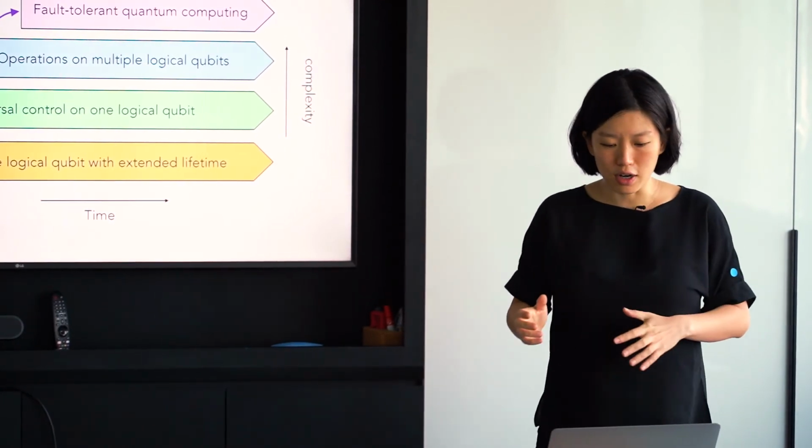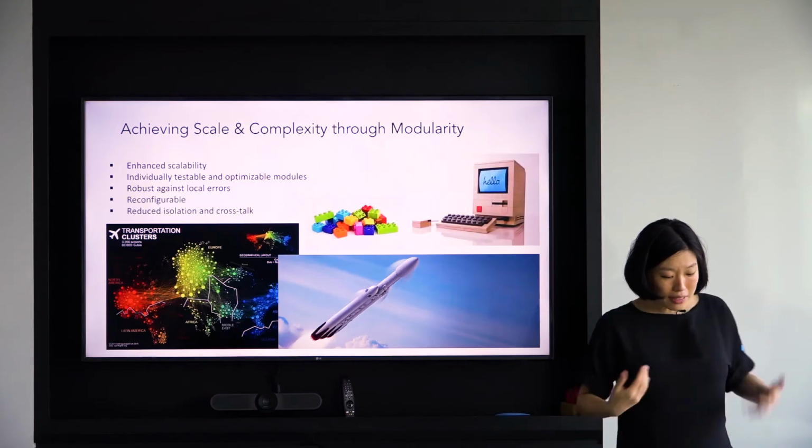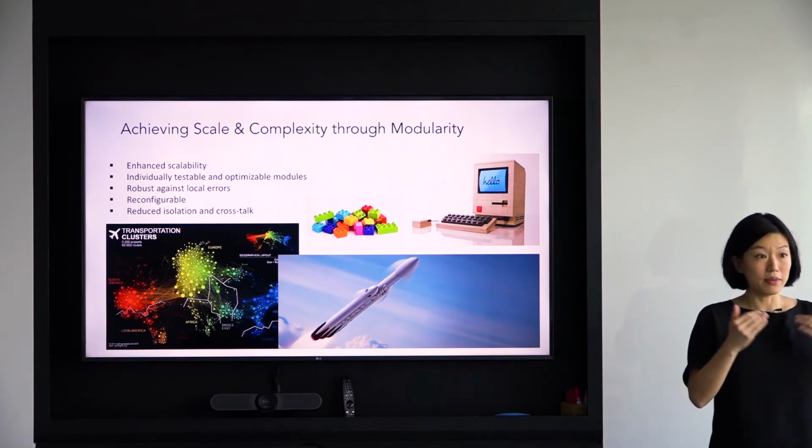Okay, so it's a slightly different architecture, but it's actually not so unfamiliar because this kind of modular architecture exists in nature a lot. Yeah, so in a lot of classical systems, when we need a lot of complexity and scale, we build them in a modular way, right?